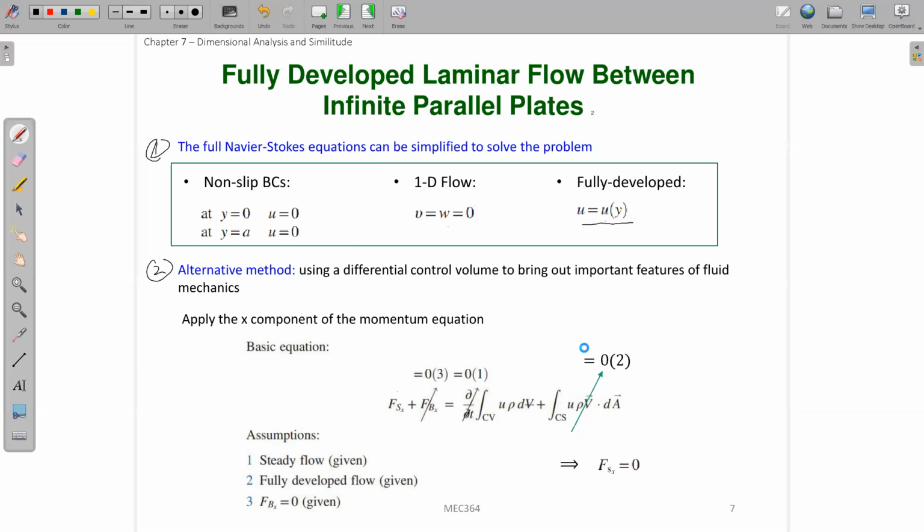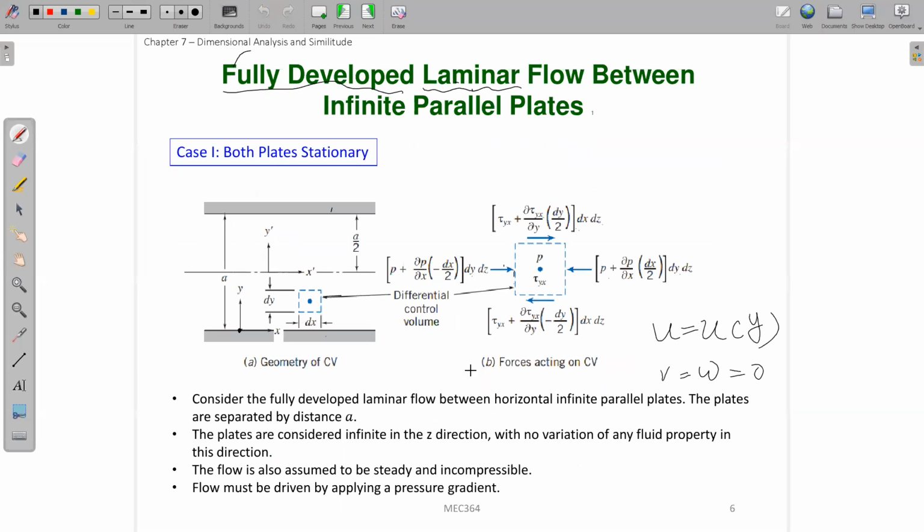Why? Because we know that the flow is fully developed. So when we have fully developed flow, the velocity profile on the left and on the right is the same, because u is only a function of y, and it's not a function of x. So the u profile here and the u profile here will be exactly the same.